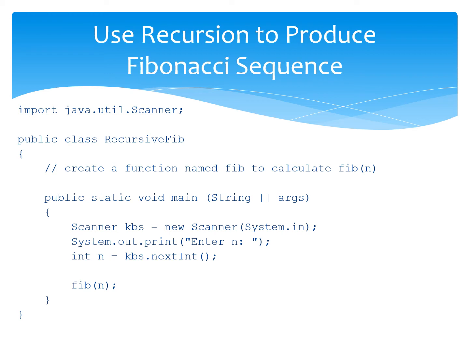That is the variable n. We implement a Java method named fib to take the variable n as its input to produce all Fibonacci numbers by calling fib(n) in the main method. The sample code is shown on the screen.